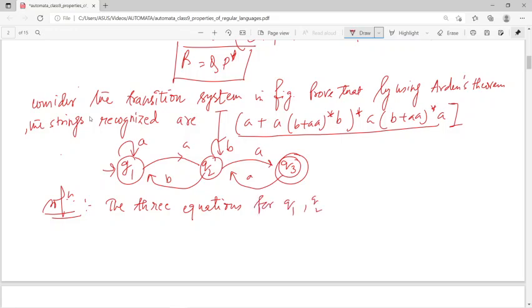So we have to write the three equations for Q1, Q2 and Q3, and that can be written as, say, Q1. Here you see that when we are in Q1, if we give input a, it again stays in Q1, so you can write Q1 into a.